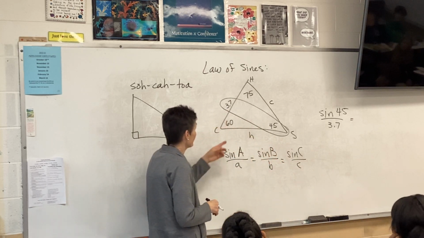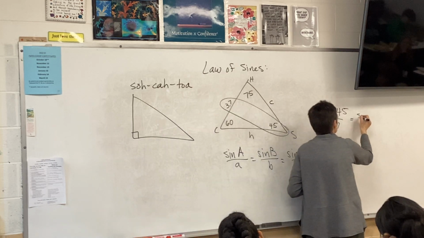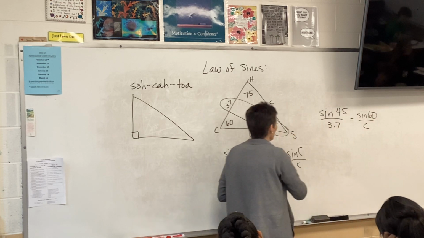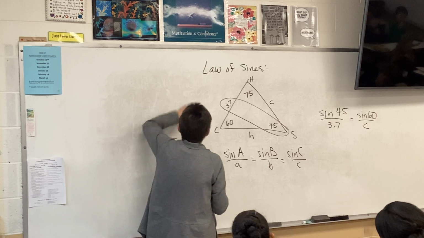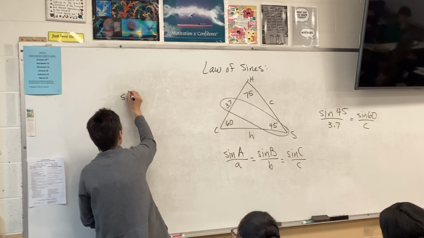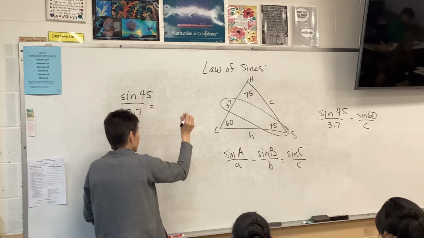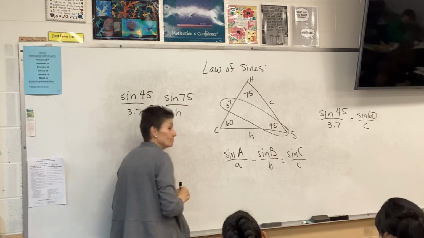Just pick one. Want to do sine 60 over C. When I'm done with that one, I'll do the other one, starting with my sine 45 over 3.7, and it will be sine 75 over H.